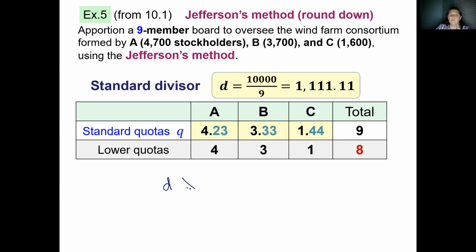If we decrease the standard divisor, then the quotas divide by this number. The quotas will increase. So we will decrease the standard divisor a little, step by step, to get what we need.